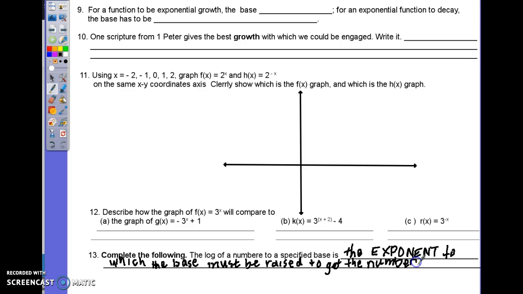I'll try to remember to rehearse this with you, but the log of a number is the exponent. The key is the exponent, and you know that. The exponent to which the base must be raised to get the number. All right? Let's go ahead and take a look at the other page.